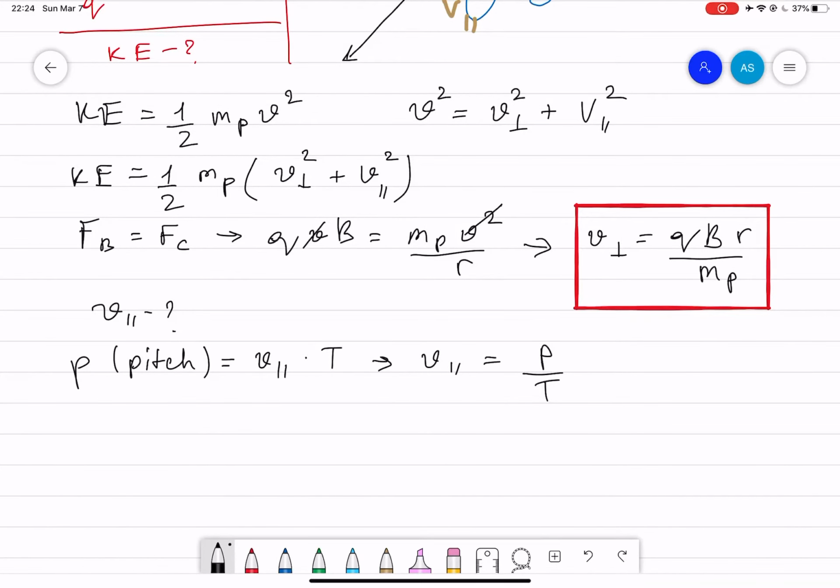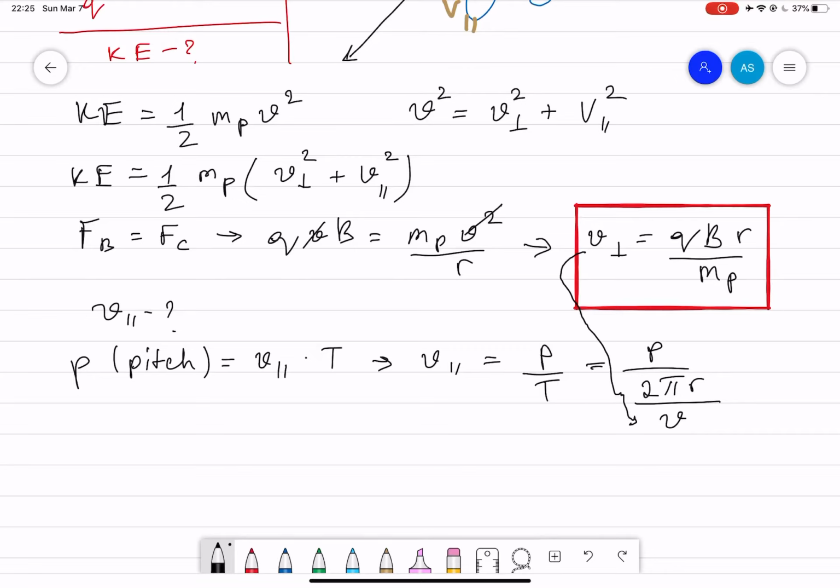Then we know that the period itself is equal to 2 pi r, this is a circle, divided by the velocity. Okay, now that velocity, you can take it and plug it into v.